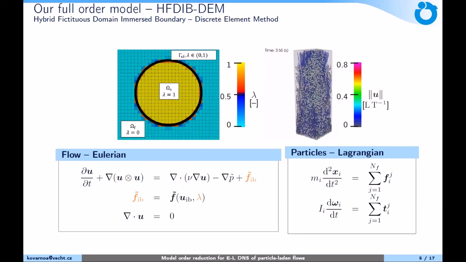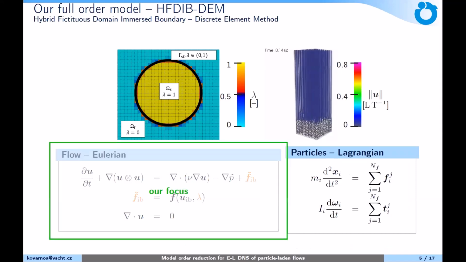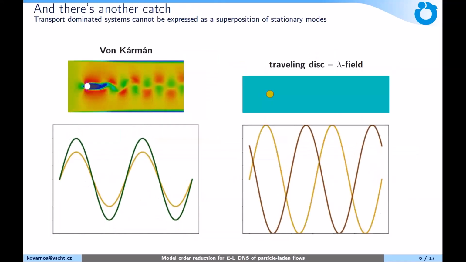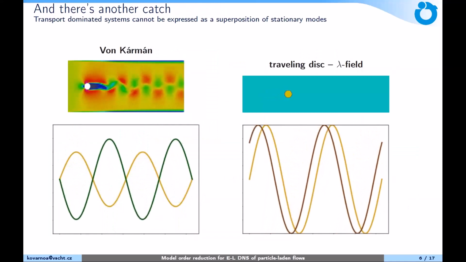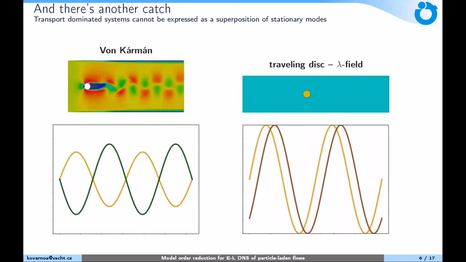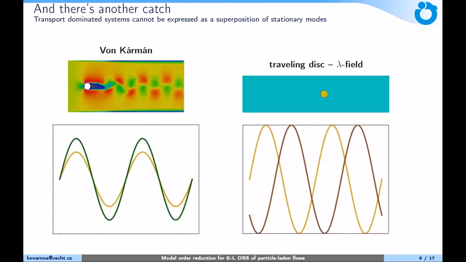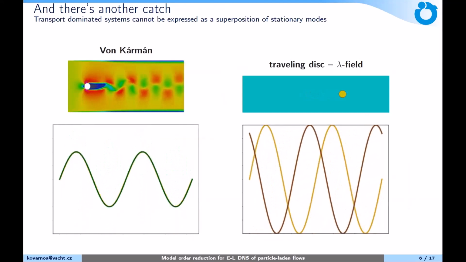So we cannot use the projection. But even if we go to that, then there is another issue, and that is that our particle-laden flows are usually very strongly transport dominated.